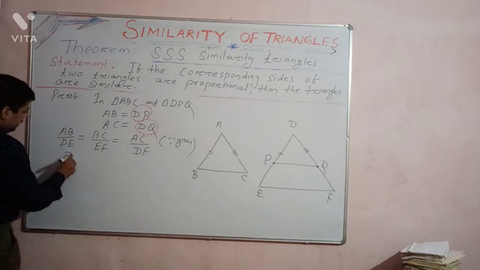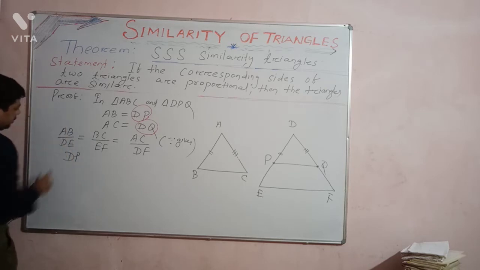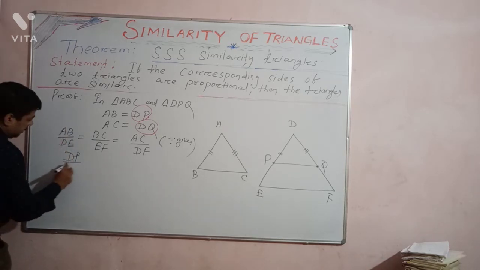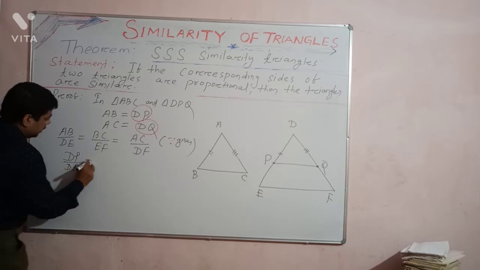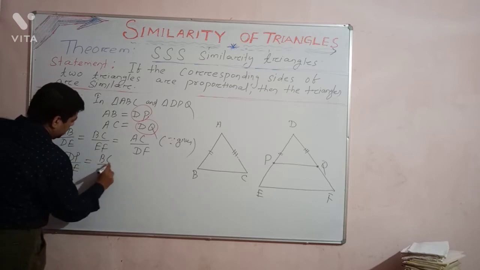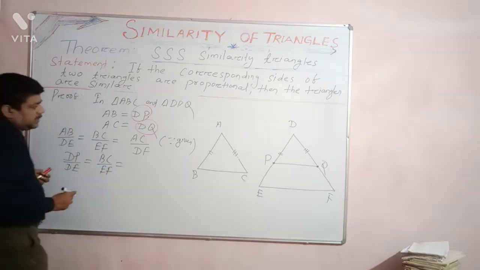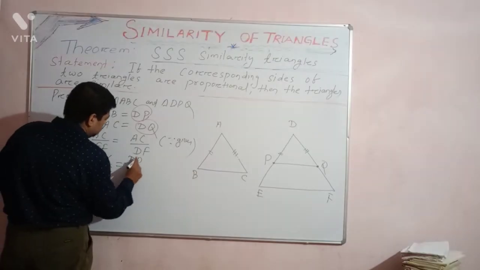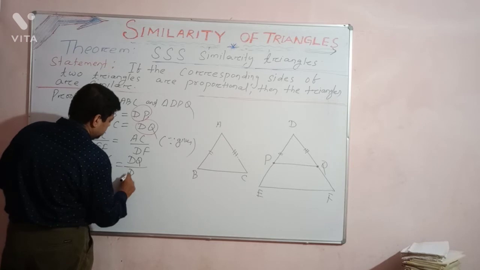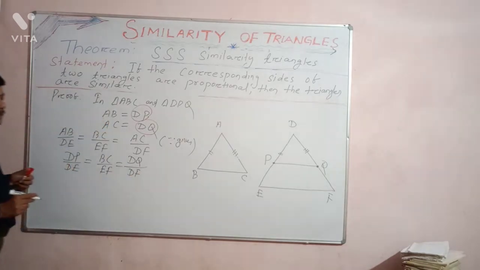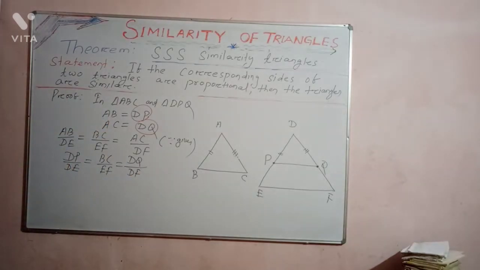So DP divided by DE is equal to BC upon EF is equal to DQ upon DF. Is it clear? Understand?